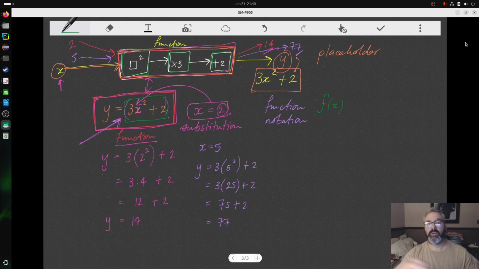There may be more than one x, there may be only one x, it doesn't matter. Inside those calculations there's an x, and we say that's a function of x. So if we take this whole block again, which was our mathematical function, we say that our function of x is 3x squared plus 2.